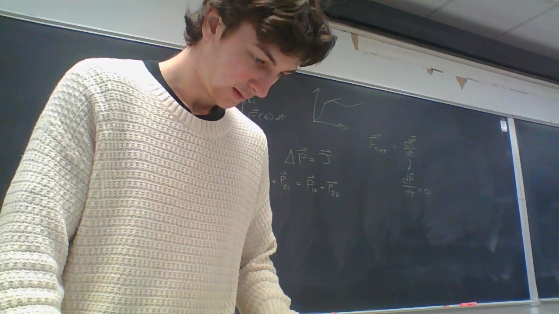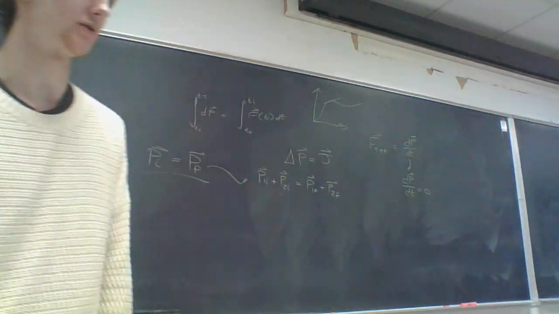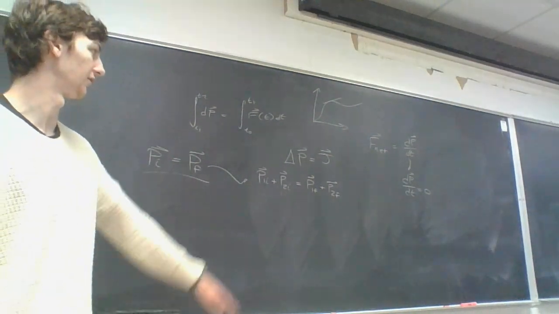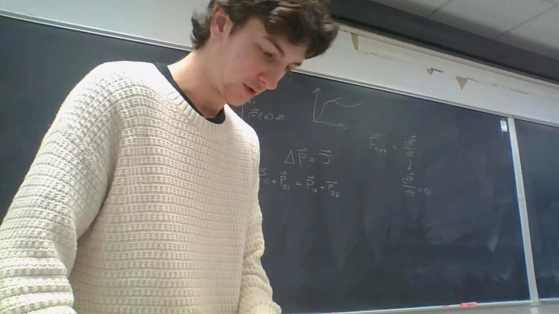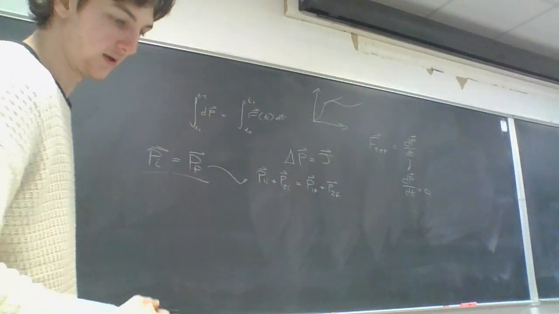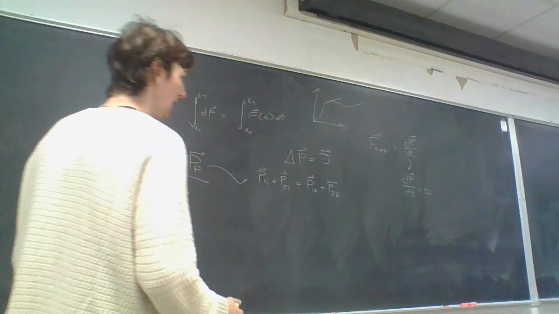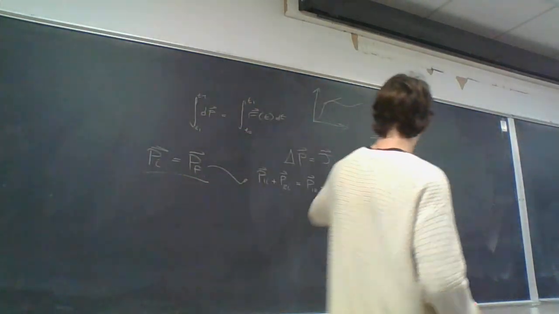And like the book says, we're going to assume we're in one dimension, so we don't have to carry around these vector hats anymore. And so we're going to write out the actual definition of momentum here.